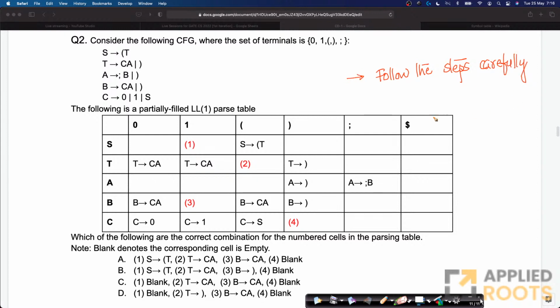It's that simple. You just have to follow an algorithm. We discussed lots of examples about how to construct an LL1 parse table. There are basically a couple of simple rules that you have to follow. So just follow those rules, follow the steps carefully, you will get the answer. This is also an MCQ.